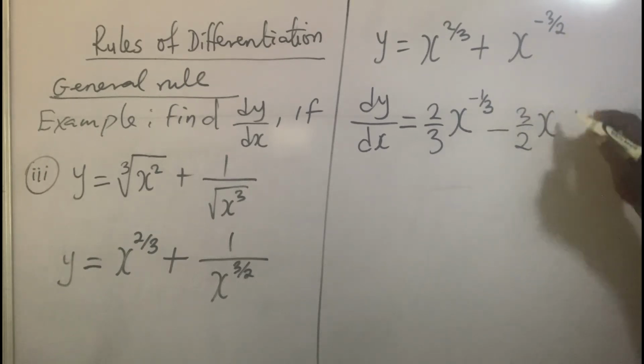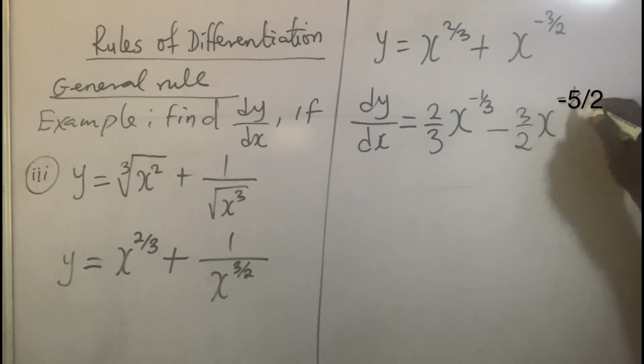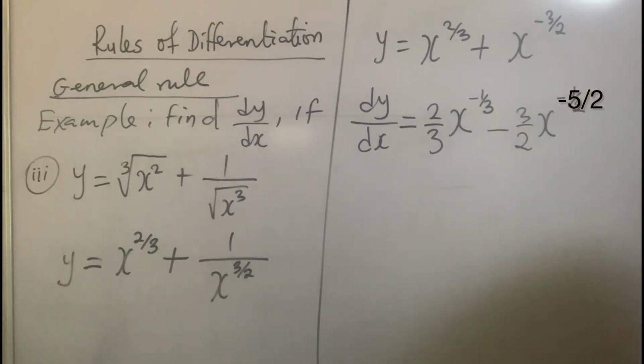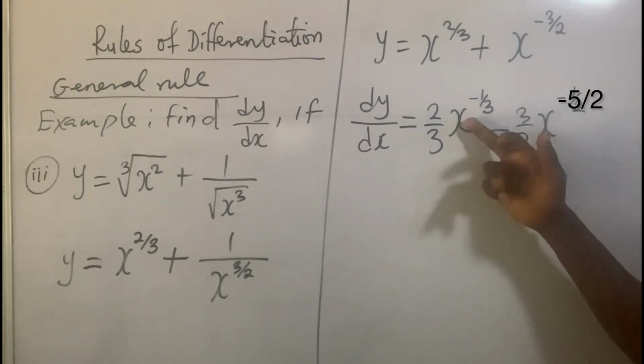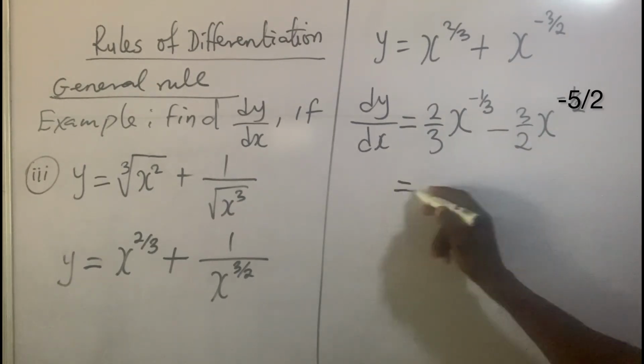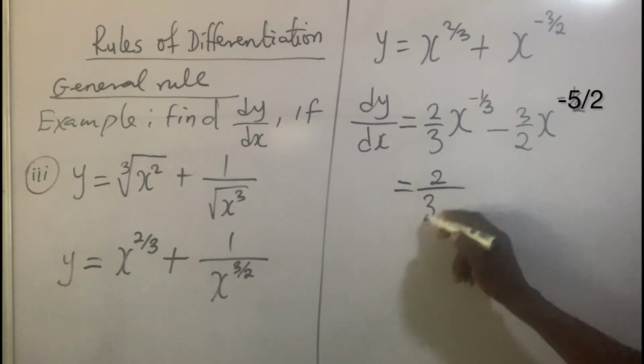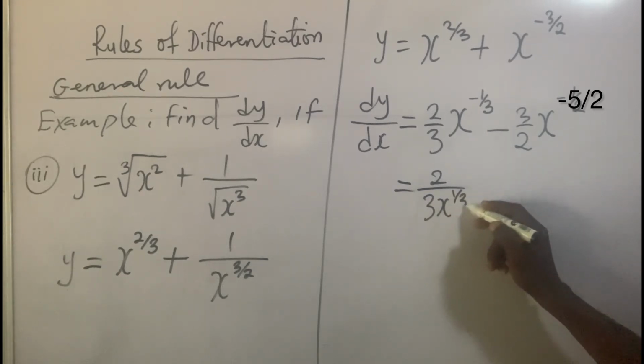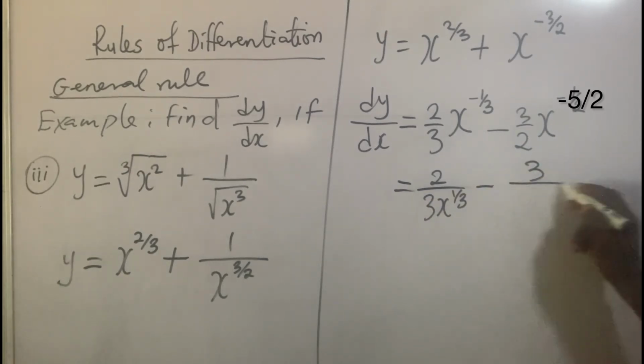When you minus 1 from this, it will give us minus 5 over 2. So this is what we have at this point. What we need to do now is take the variable back to the denominator to make it positive. So this will become 2 over 3x raised to power 1 over 3 minus 3 over 2x raised to power 5 over 2.